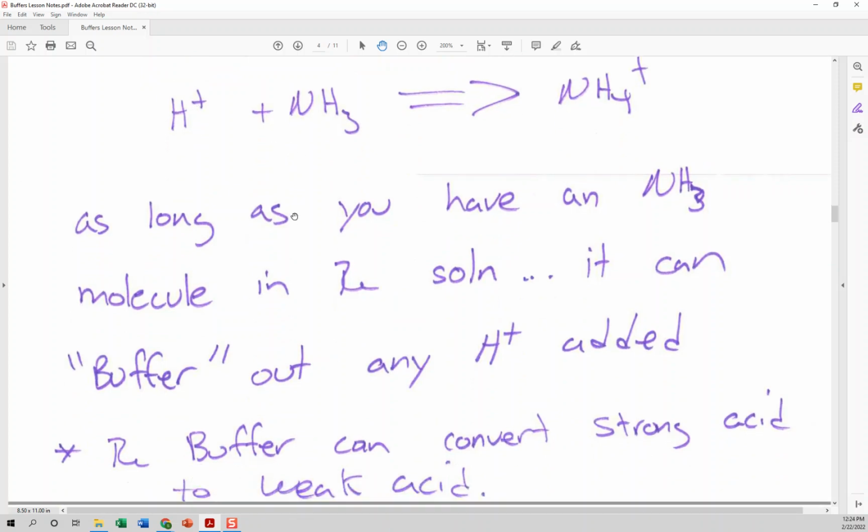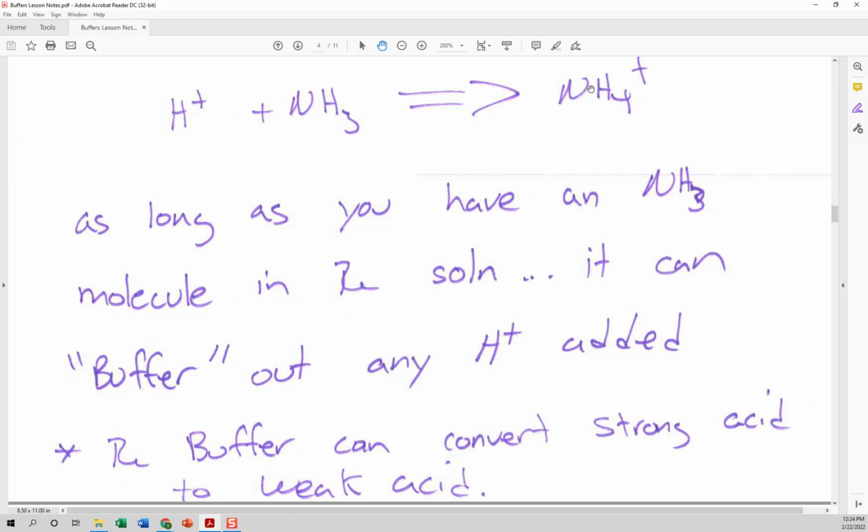And a way to think about it is, how does the buffer system work? If I add strong acid, the pH is going to decrease, but a buffer system is going to mitigate how much the pH is going to lower. Really, what's happening is the buffer system is converting strong acid into weak acid.